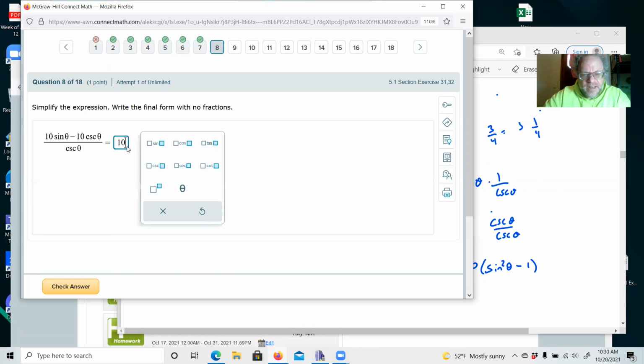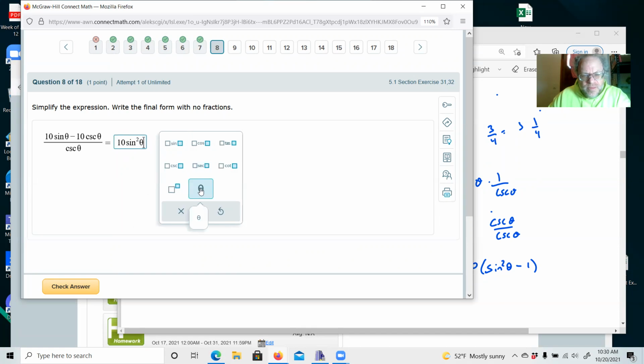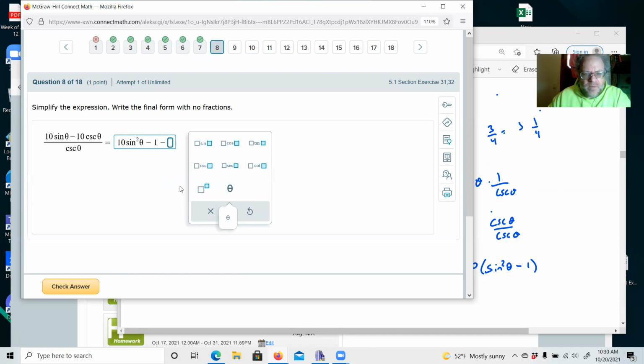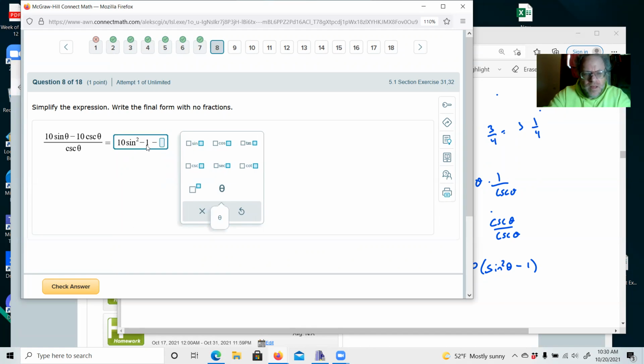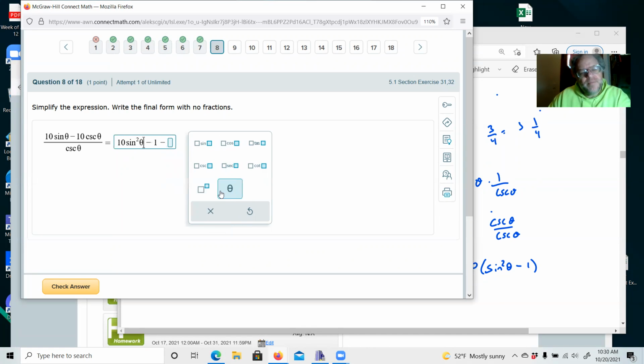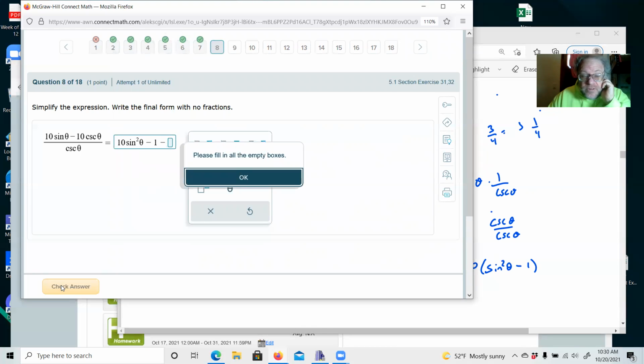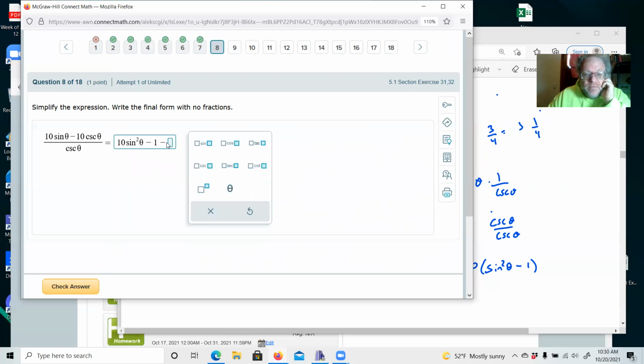So this is 10 sine squared theta minus 10. Oh, they won't let me do it. Check our answers. Oh, fill in the empty boxes. 10.